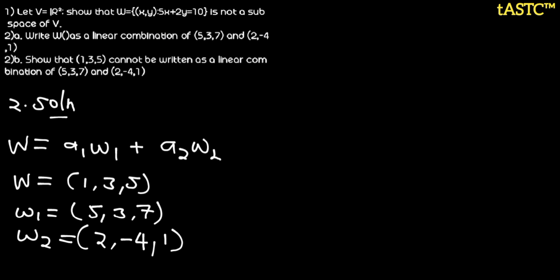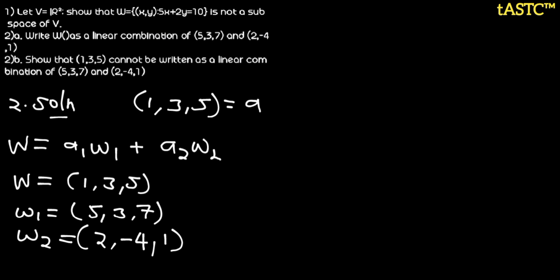So we actually need to have W. Okay, I've actually written that here, so I don't really need to write that anymore. So let us write it out. Now W, we know W is (1, 3, 5).